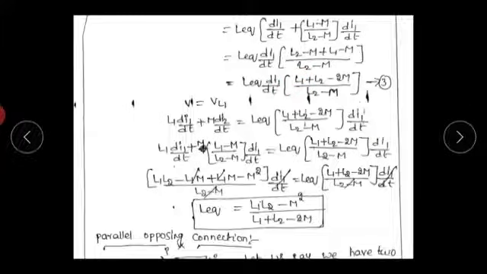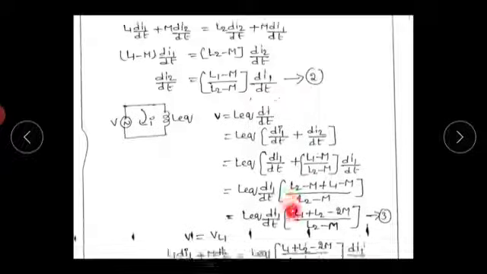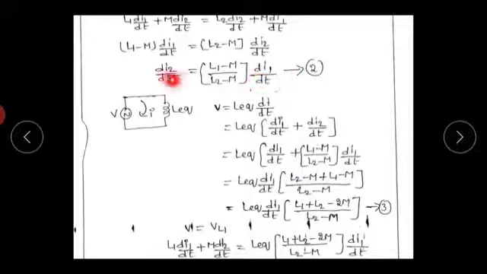Next, taking di1 by dt common, we substitute di2 by dt here from equation 2. So the above equation becomes L1 into di1 by dt plus M into L1 minus M by L2 minus M into di1 by dt, and it equals L equivalent into L1 plus L2 minus 2M by L2 minus M into di1 by dt.